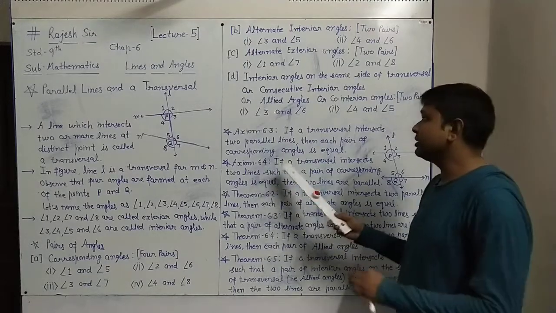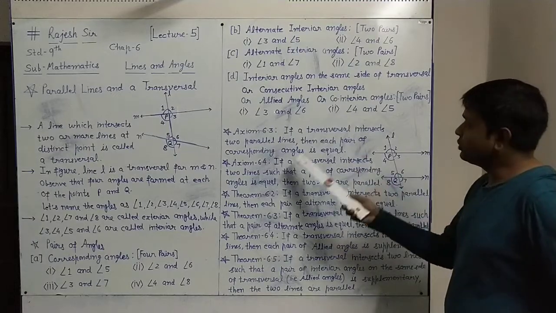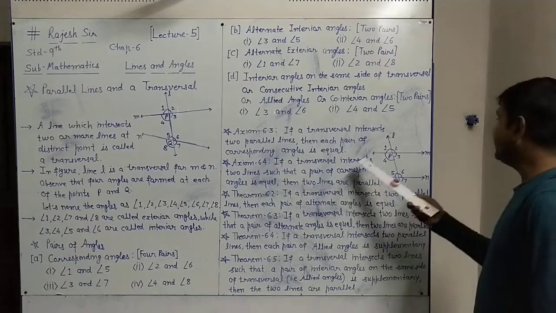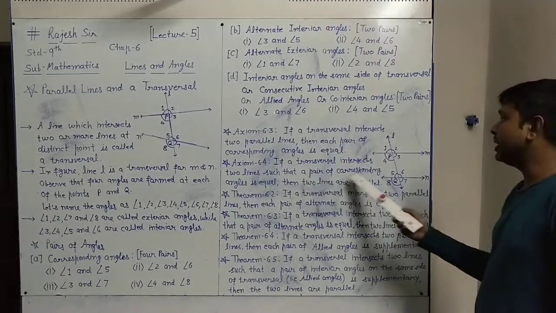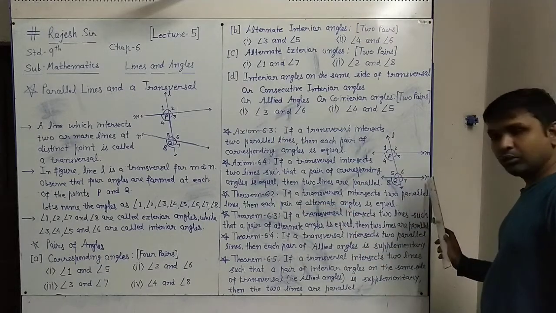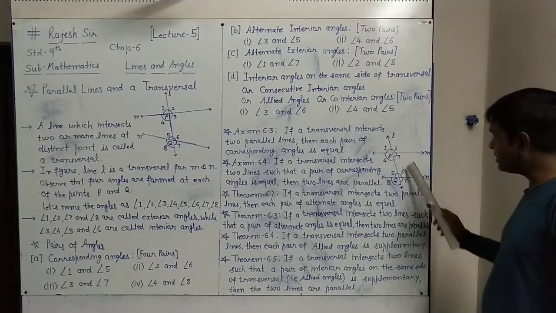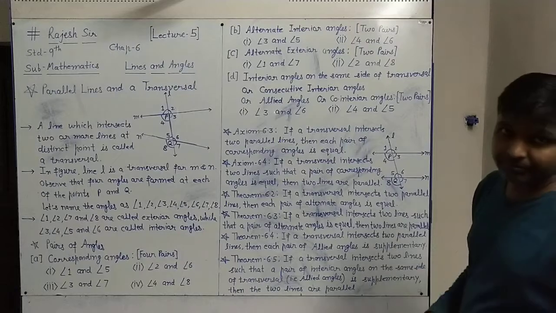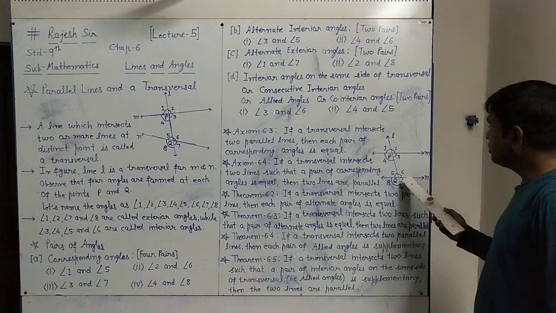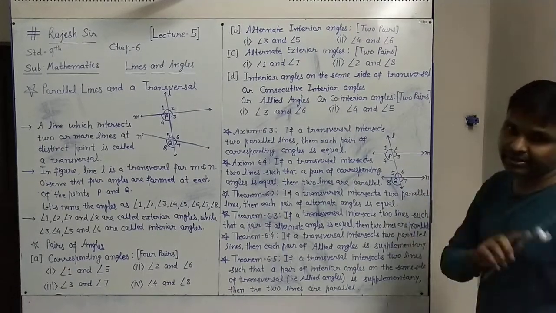Axiom 6.4 is the inverse. Inverse means what? In the inverse way, it is: if a transversal like L intersects 2 lines M and N such that a pair of corresponding angles is equal, where corresponding angles means 1, 5, 2, 6, 3, 7 and 4, 8, a pair of corresponding angles is equal, then these two lines to which L is intersecting are called parallel lines.